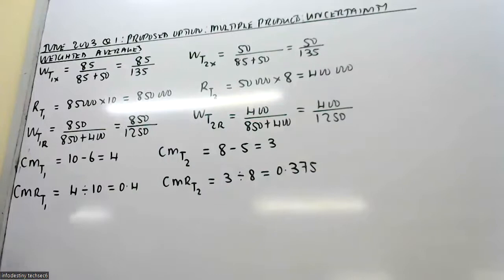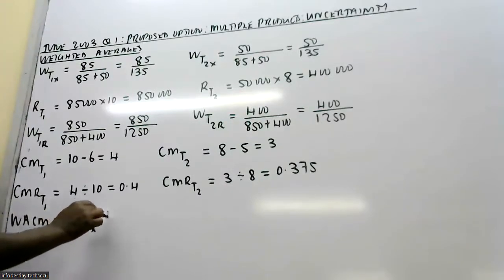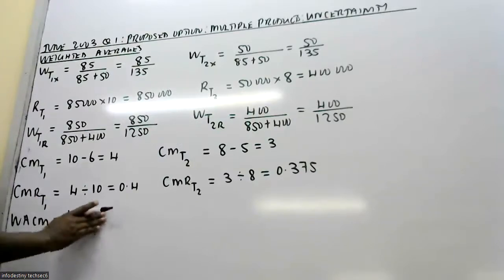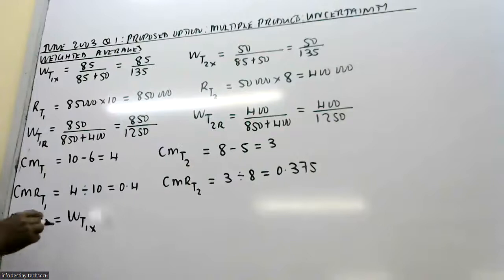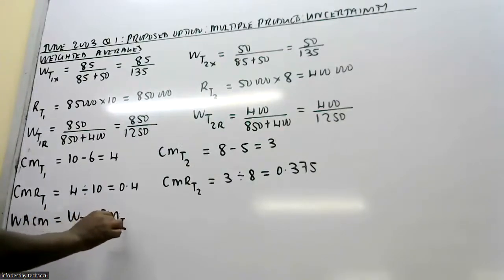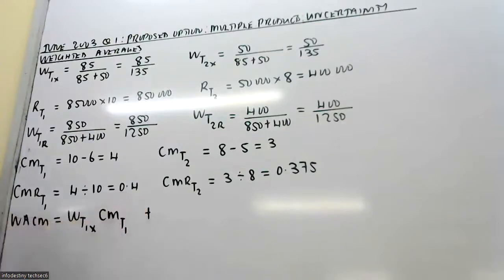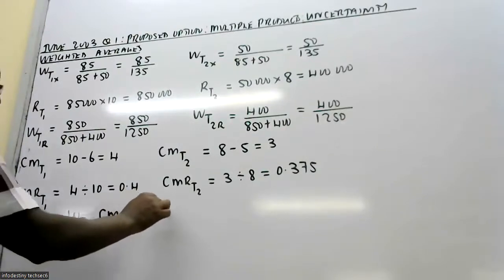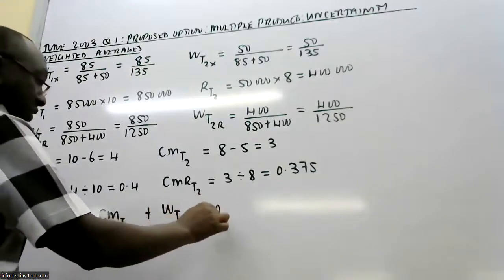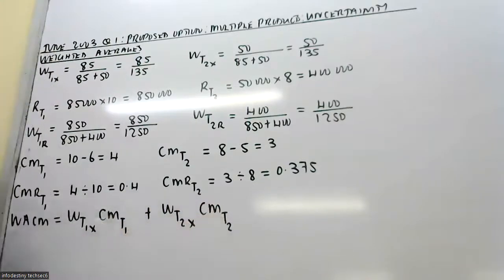So with that, we can get the WACM. It will be the weight of T1X multiplied by contribution margin of T1, plus weight of T2X times contribution margin of T2.